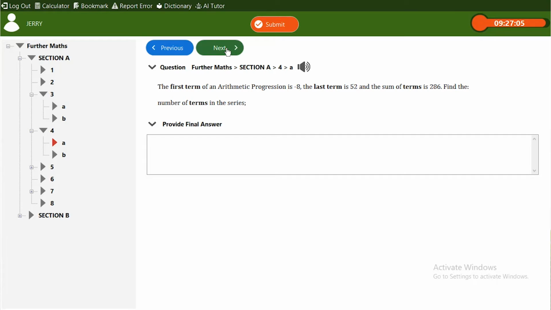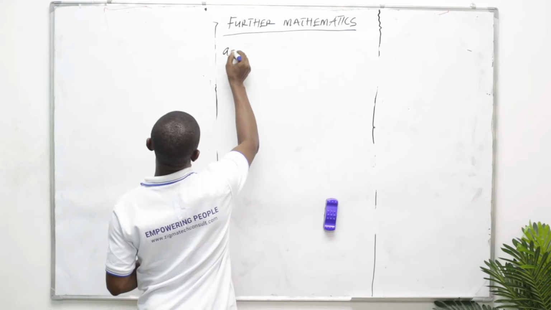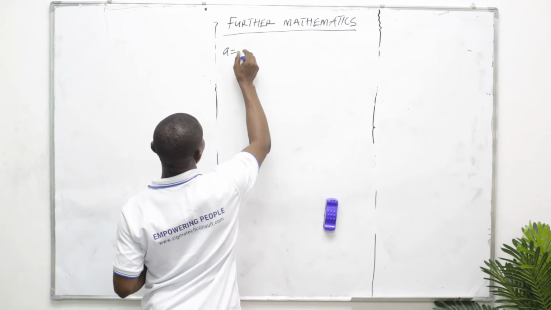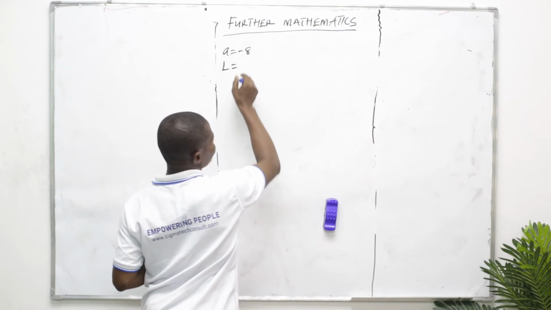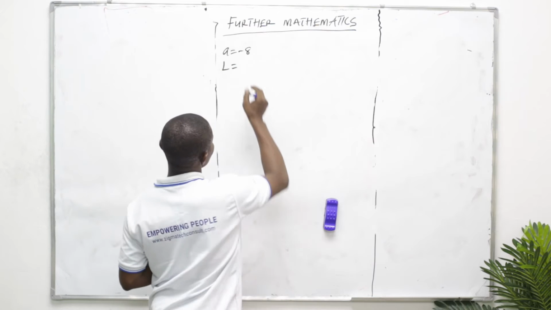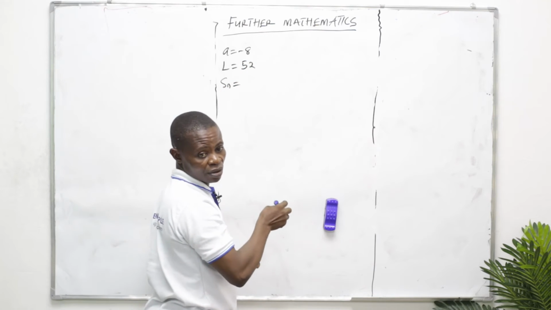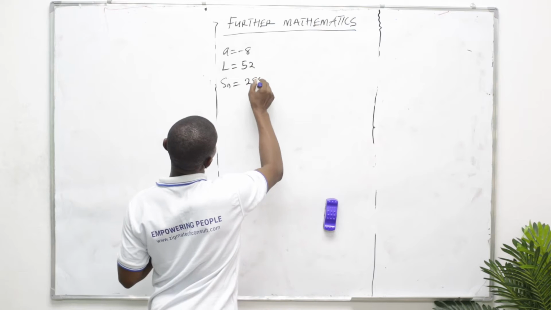The parameters given: the first term of an AP is minus 8. The last term is 52. Sn equals 286. Good.